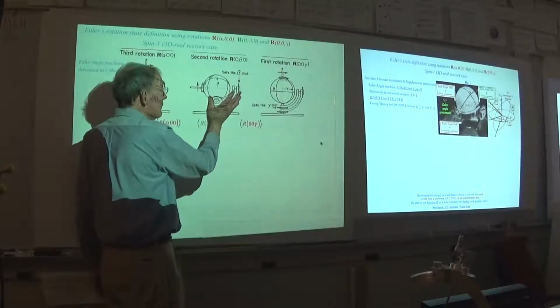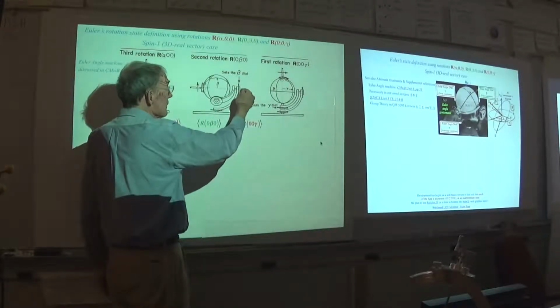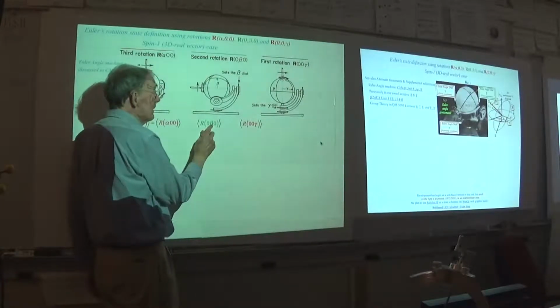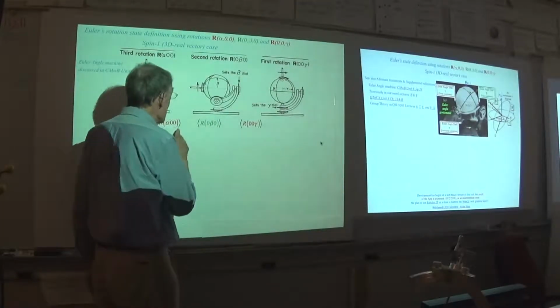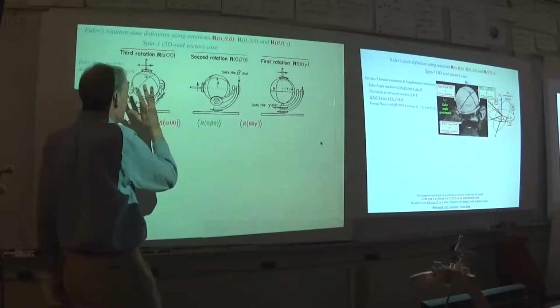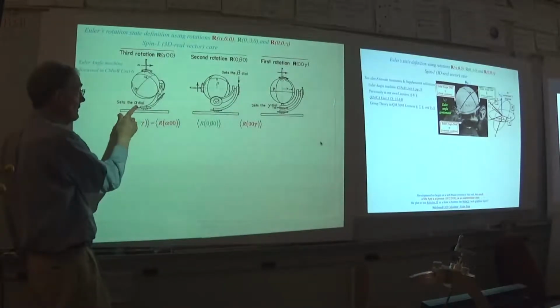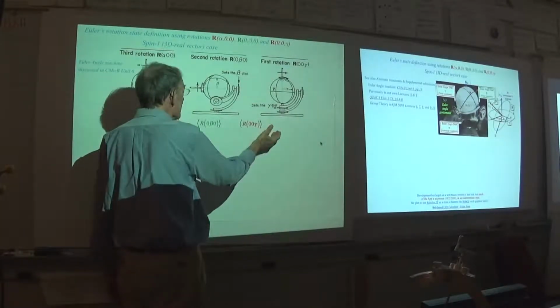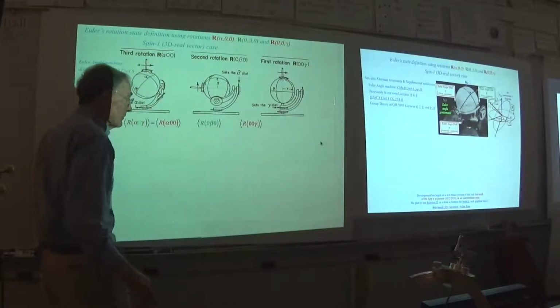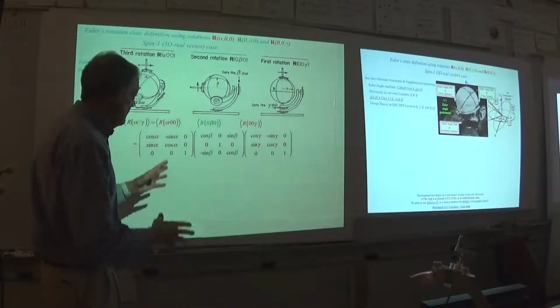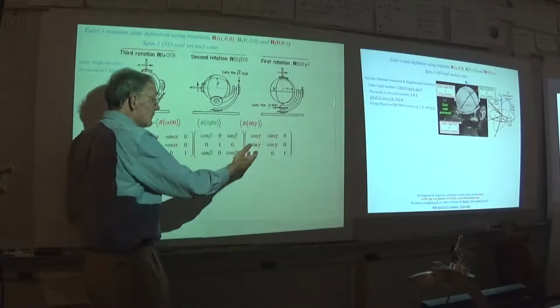The next time you still have the thing lined up with the beta on the y-axis, so you apply a y rotation to that. And then you follow that with another z rotation, just like this one, but now you set the azimuth. So the azimuth is set last, this comes first, and this is in between. So that's what you do to get the rotation matrix for arbitrary alpha, beta, and gamma.